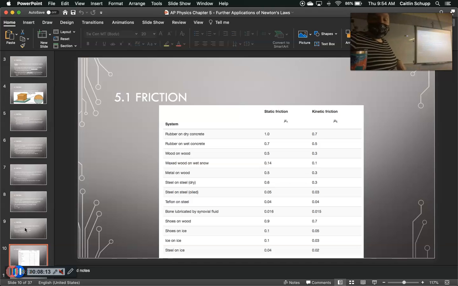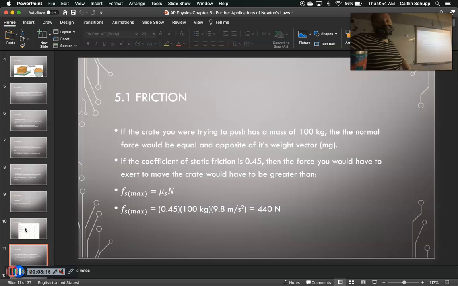Okay? All right, so the next thing we want to look at is a very, very basic example. This one says, if the crate you were trying to push has a mass of 100 kilograms, the normal force would be equal and opposite if we're on a horizontal surface. Do you agree? Do we agree? Raise your hand. We're thinking about a box that is moving on a horizontal surface.